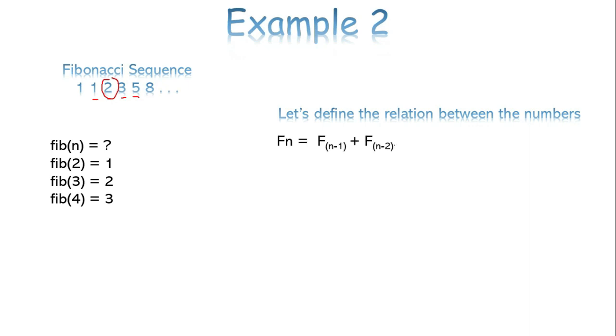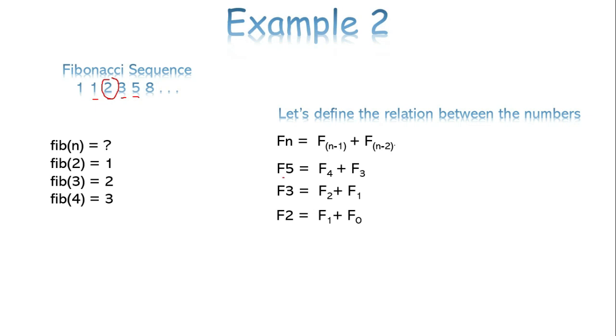Fn, where n can be any number, is equal to Fn minus 1 plus Fn minus 2. So if you want to know F5 or Fibonacci 5, it comes from Fibonacci 4 plus Fibonacci 3. The same with Fibonacci 3, which comes from Fibonacci 2 plus Fibonacci 1. And then Fibonacci 2 comes from Fibonacci 1 plus Fibonacci 0.